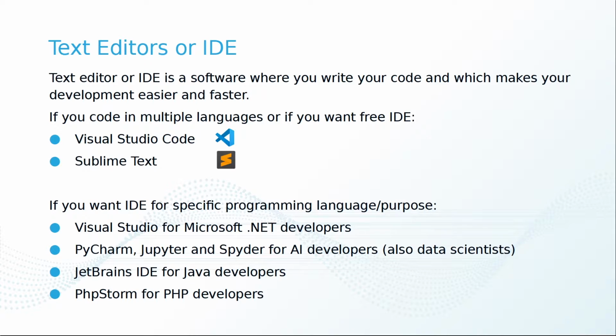Whereas PyCharm, Jupyter, and Spyder are IDEs built for Python-based application development. And JetBrains IDE is for Java developers, whereas PhpStorm is for PHP developers.